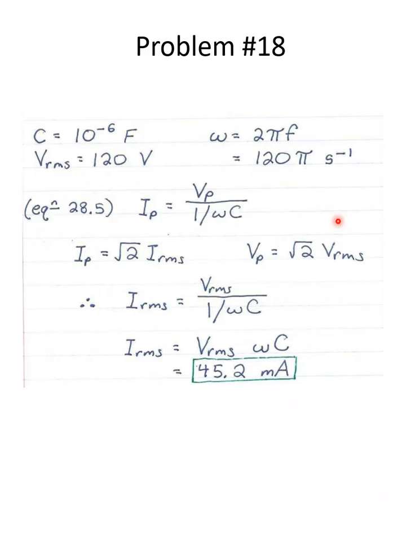And so we can do this conversion, and we see that the peak current and voltage are related in the same way that RMS current and voltage are. Essentially, I've just substituted in these equations, and then the square root of 2's negated each other. So we have I RMS equals VRMS over 1 over omega C, and we will plug those in. Well, I've done a little simplification here, VRMS times omega C, and you should get 45.2 milliamperes.